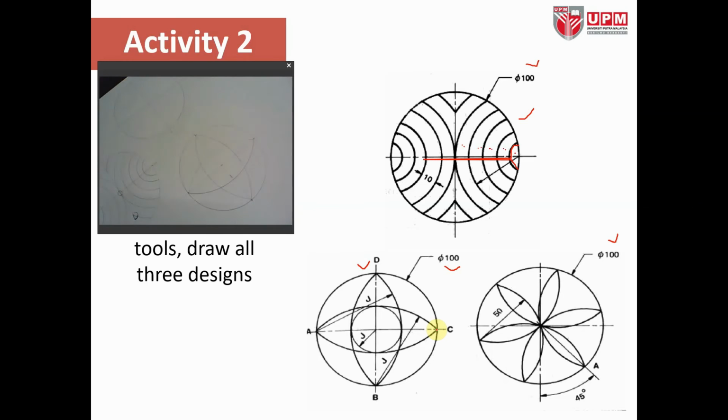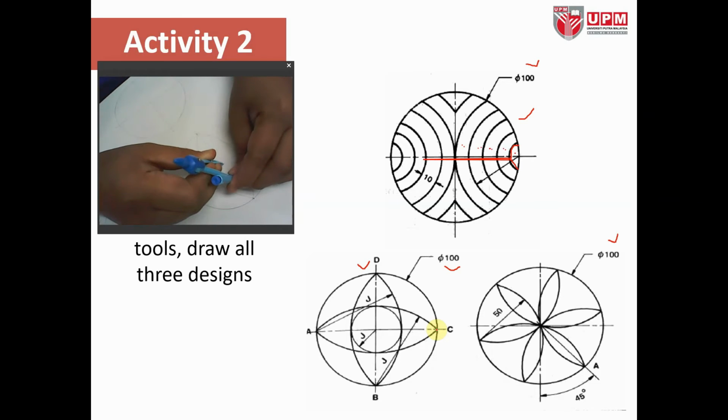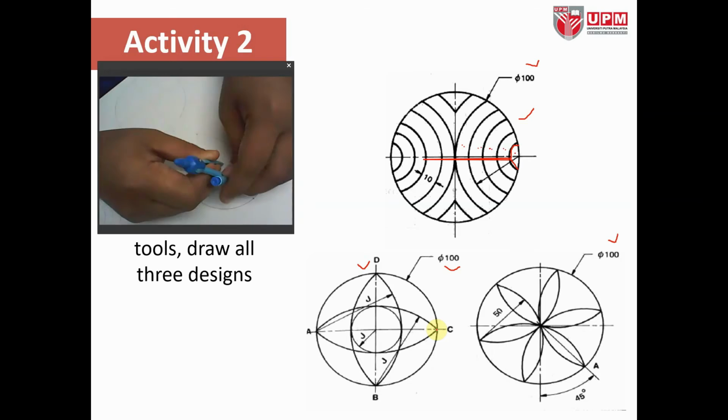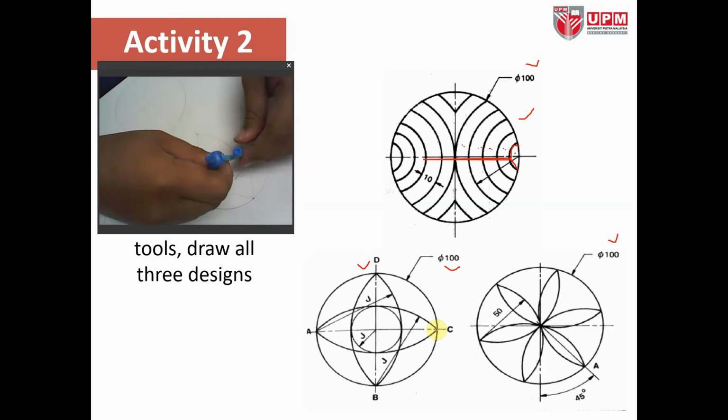Okay, so lastly, for the small circle inside, from the center point, move the compasses to touch the line here, and then we can draw the small circle.